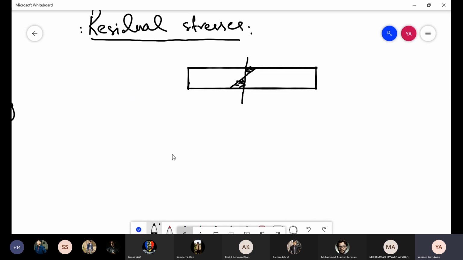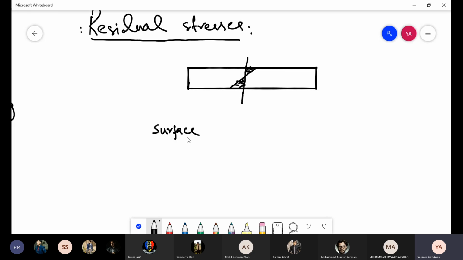Fatigue cracks also usually propagate from the surface. Both of these things we have already discussed.